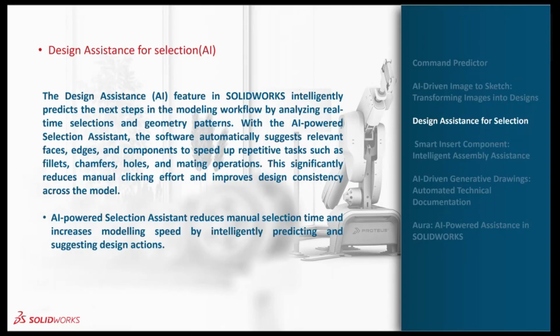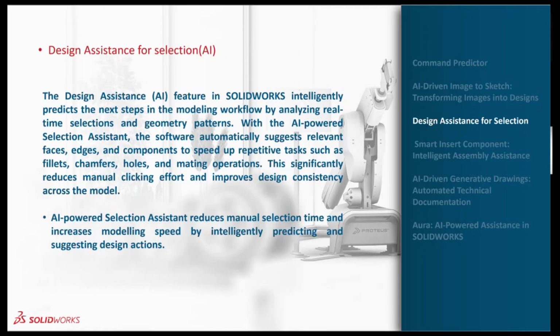For example, if you add an end cap for one particular frame using this design assistance, SolidWorks AI will detect where the same frame is found and where the end caps can be suitable. Everywhere, that end cap will be automatically positioned.